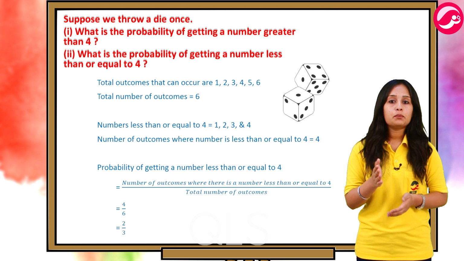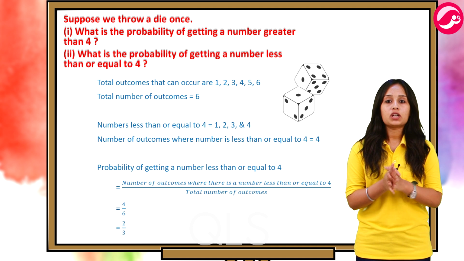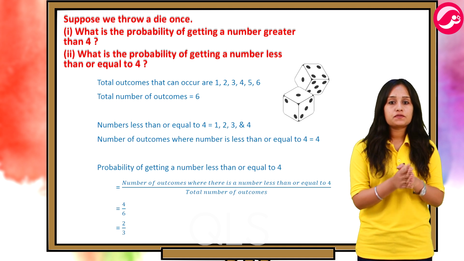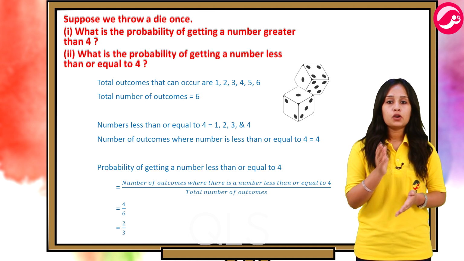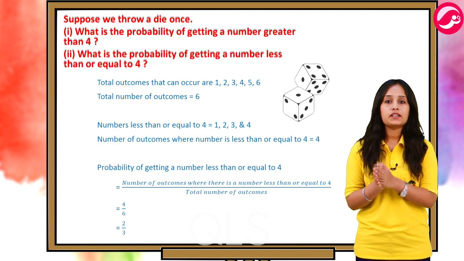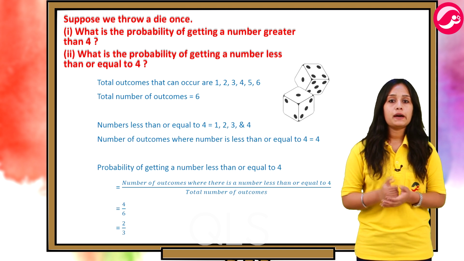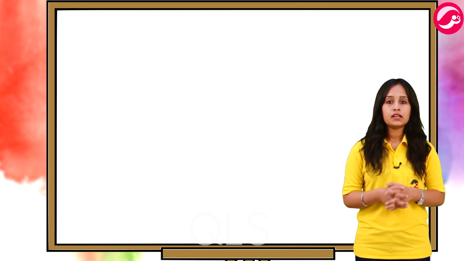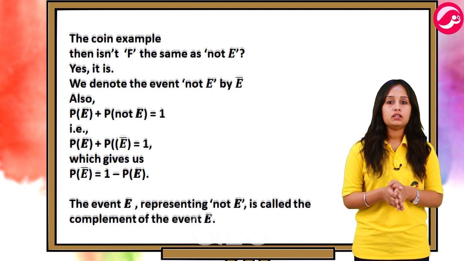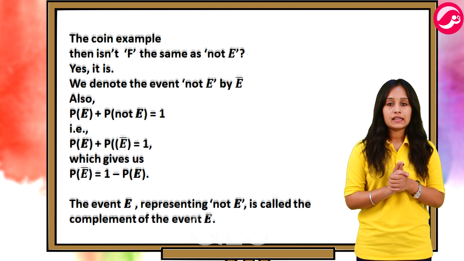Also, getting a number less than or equal to 4. So here the number of possible outcomes is 6 and outcomes favorable to the event F are 1, 2, 3 and 4. So the number of outcomes favorable to F is 4. Therefore, P of F is equal to 4 by 6, that is 2 by 3. If we talk about the coin example, then isn't F the same as not E? Yes, it is.